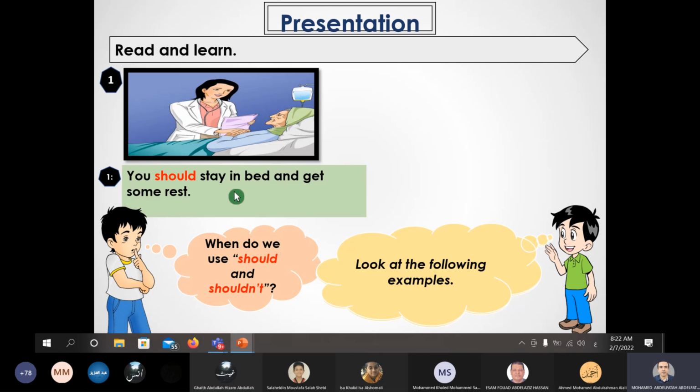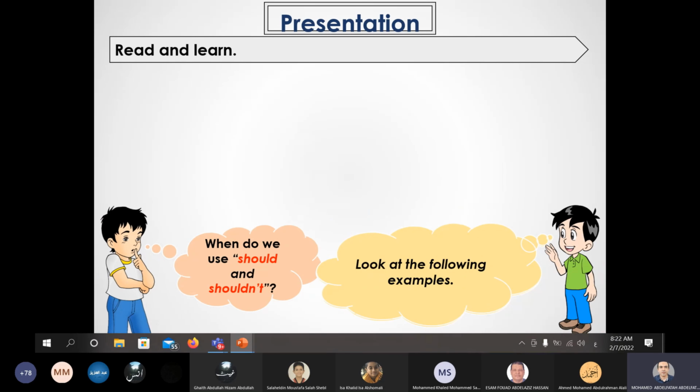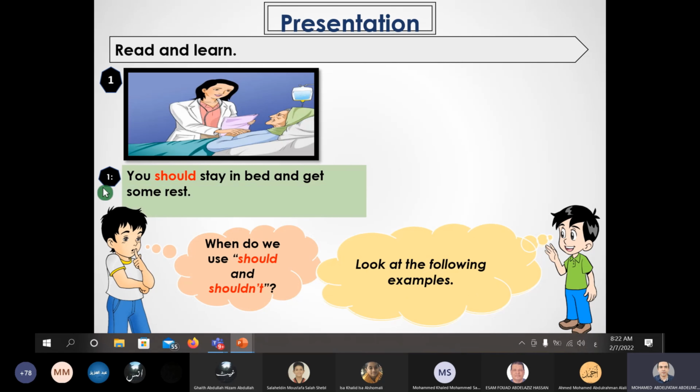This is called in English advice. When you advise people, you tell them what is good to do and what is not good to do. So the doctor says you should stay in bed and get some rest.